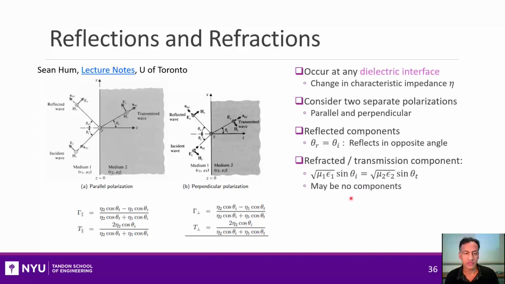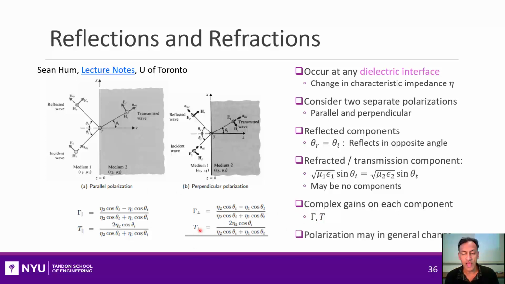Now, in certain cases, there's actually no transmitted component, depending on the signs of these angles. Also, in addition to these angles, there will be a complex gain associated with both the reflected and the transmitted components, which are typically represented by lambda and t. And these are complex numbers which will typically depend on the characteristic impedances.